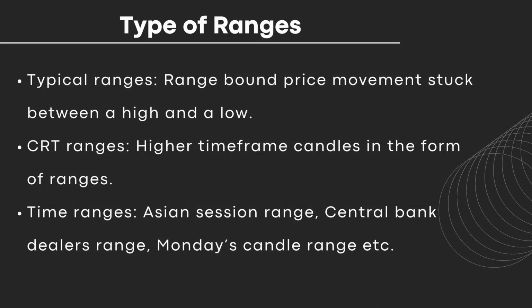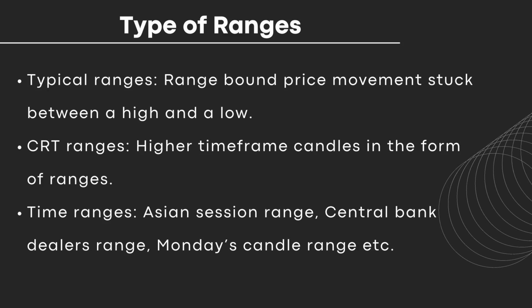Now moving on, here we've got the types of ranges, right? The first one is the typical ranges, which are a bit subjective, and I rarely ever use these types of ranges because first of all they're subjective and their highs and lows are not clearly defined, but it's necessary to be aware of their structure and dynamics.